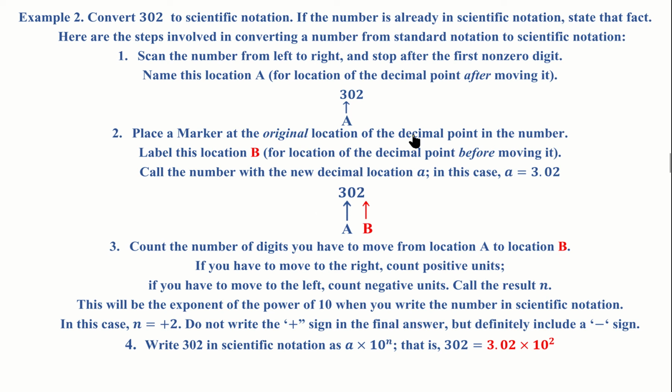So now you have the A, which is the number you get by the first movement of the decimal to the new location, and then you multiply it by 10 to the power of the n, which you found in order to get from A to B. And now you have just converted your number to scientific notation. We'll do a few examples and this will become easier.